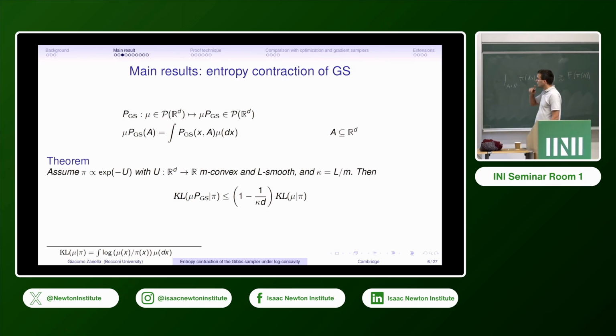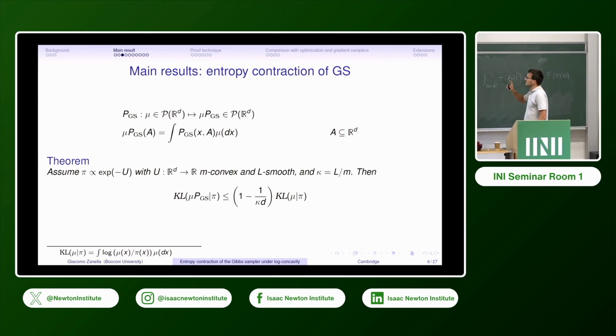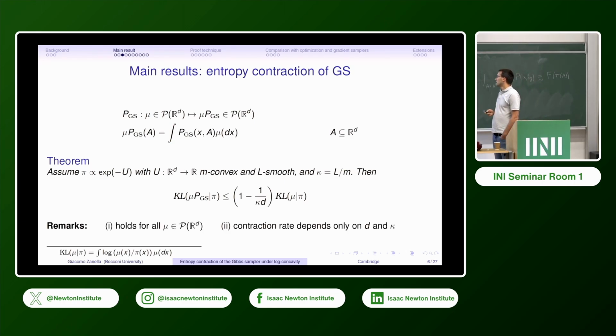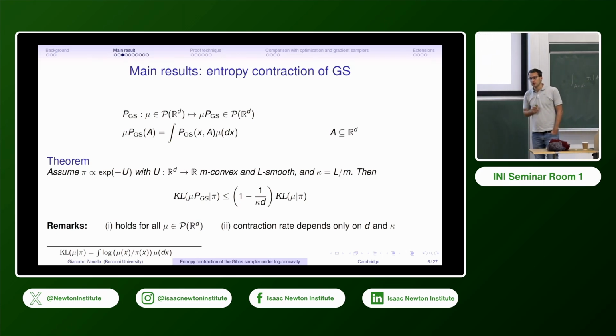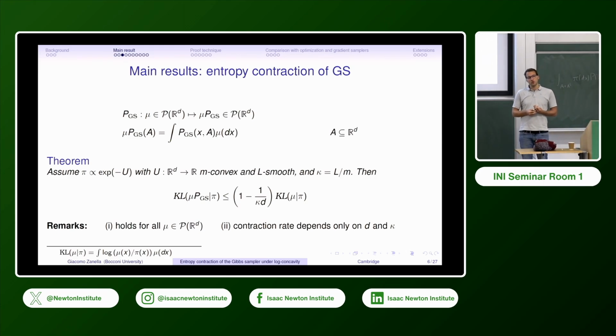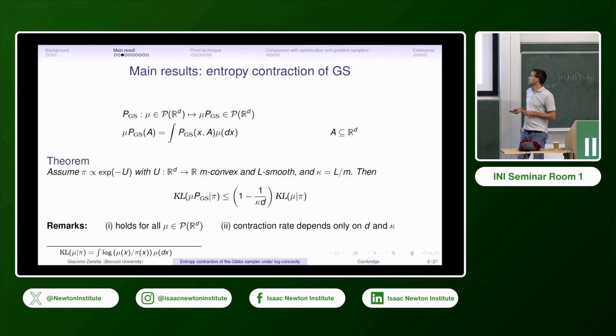Okay. So this is the main result, and the two interesting facts about the result is that it's uniform with respect to the starting distribution. This is quite uncommon, unusual for Markov kernels. It's quite unusual to have contraction, especially for say discrete time Markov kernel. It's quite unusual to have a contraction in KL which is uniform with respect to the starting configuration.